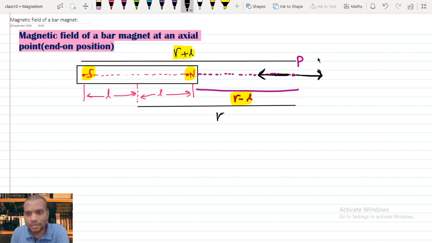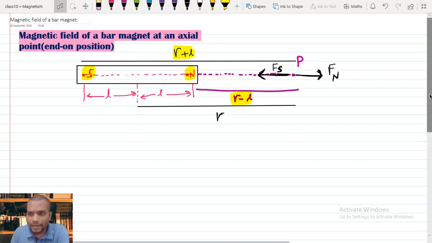Or otherwise you can understand this by keeping another north pole of a magnet for a moment. So north and north, what happens, they repel each other. So this is the force due to the north pole along this direction, and exactly the south pole acts opposite, that is the force due to the south pole at that point P.